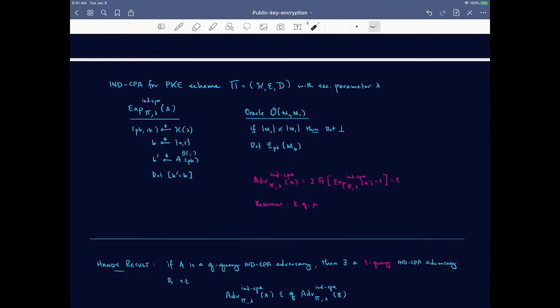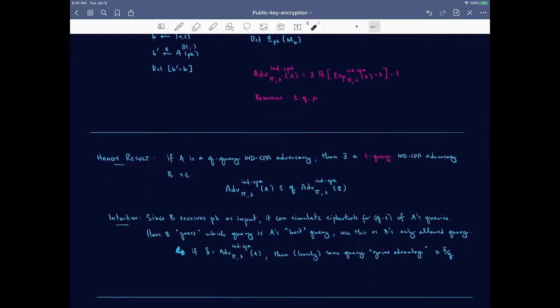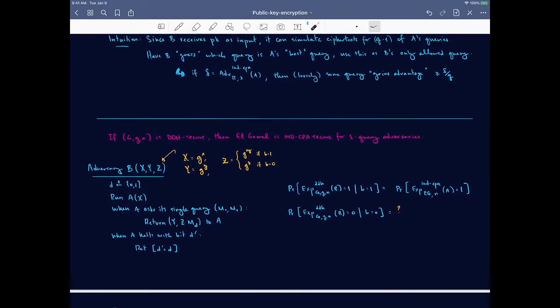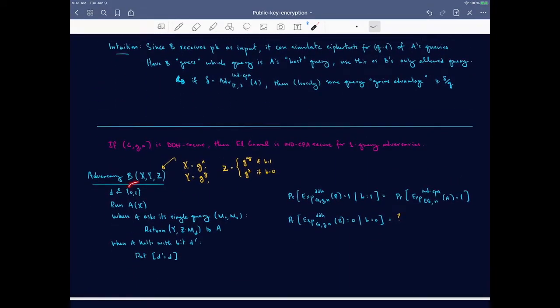And that query is supposed to have returned to it the encryption of either the left message or right message under the encryption scheme using the public key, which in this case is the Elgamal encryption scheme. So B, our adversary B for DDH, needs to take its input and simulate this single query IND-CPA experiment where the oracle returns the Elgamal encryption of either the left or right message. So we're going to try to simulate that as closely as possible.